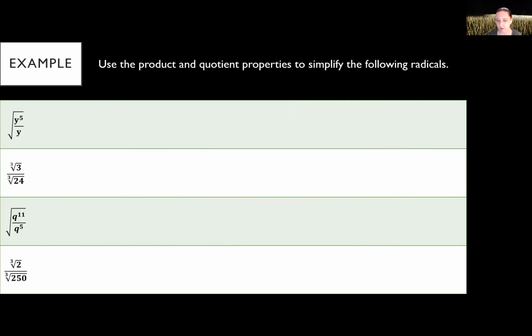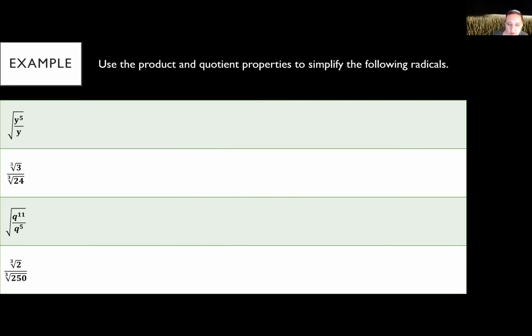Okie dokie. So let's look at the quotient property. And usually when you have the quotient property, you actually use both the product and the quotient properties to simplify. So when I have something like a fraction inside my square root, cubed root, whatever, I like to simplify the fraction first, if possible, and then start dealing with the square root, cubed root stuff.